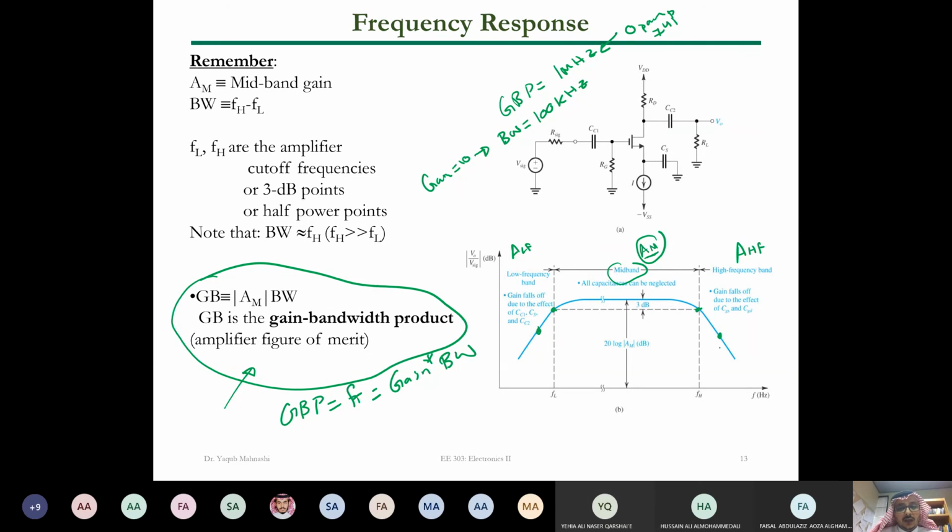If you have an application where the gain I need is 100, using this amplifier with 1 megahertz of gain bandwidth product, the maximum bandwidth I can get is 10 kilohertz, and so on.